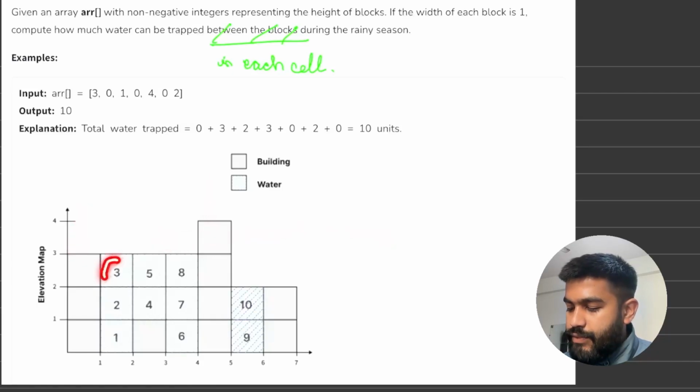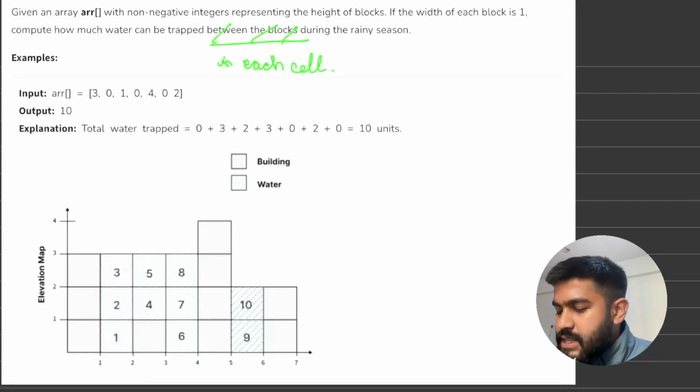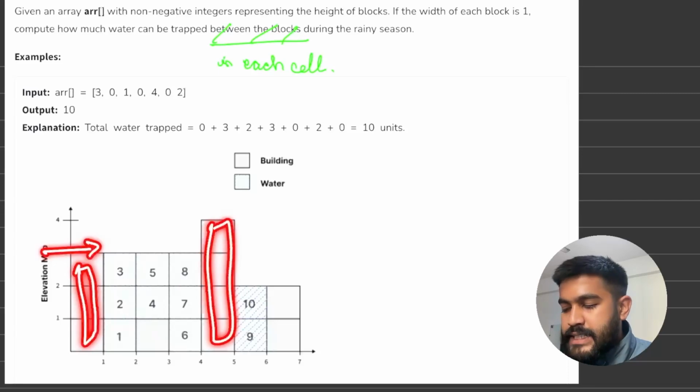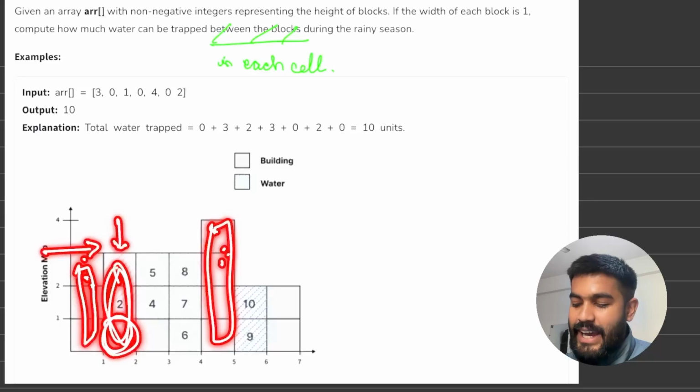If we are talking about just this point, how much water it can hold, it can hold the maximum from this side and the maximum from this side. These two are making a difference for this point, and the minimum of that would be my value, minus this point's own height.